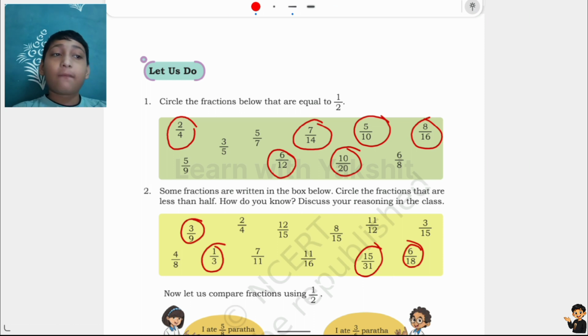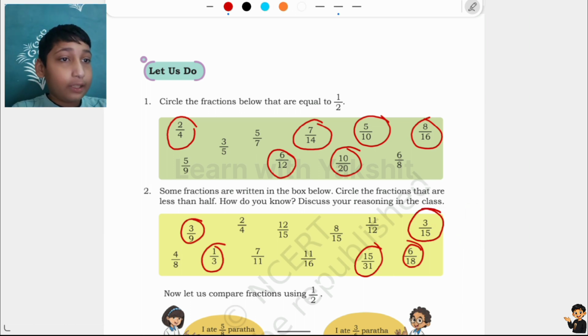Now this 15, we divide it by 2, it is 7 wholes 1 upon 2, which is greater than 3, meaning we have to circle this via a very different method. Okay, now let's go.